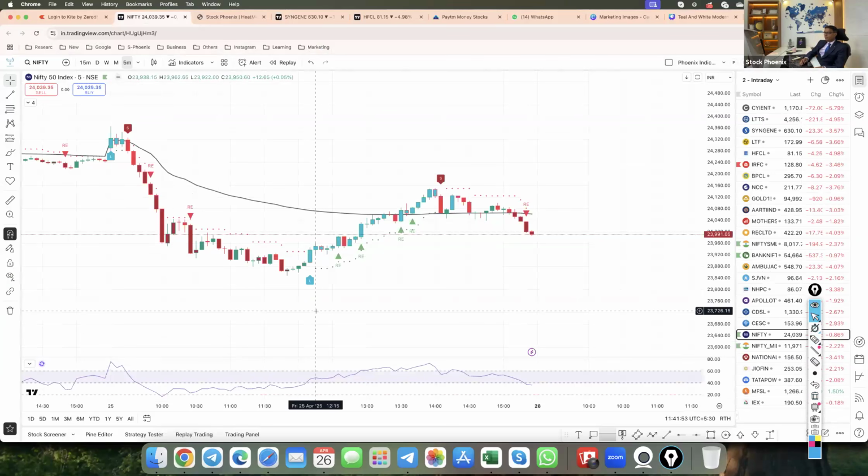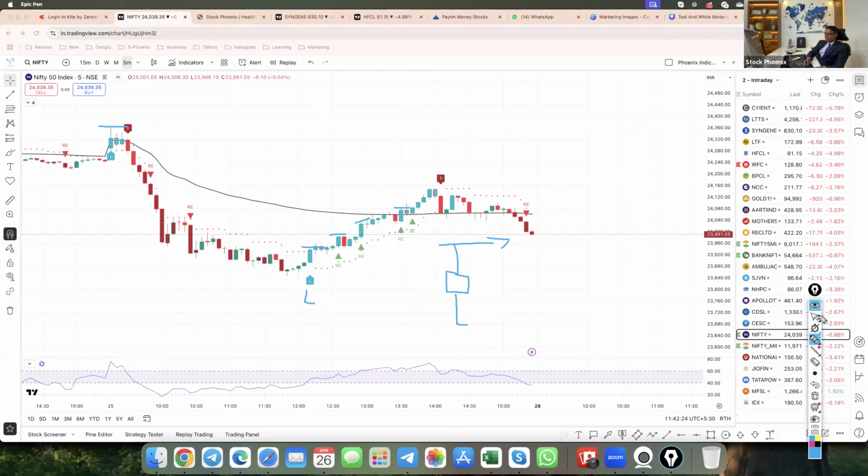Am I clear? Perfect. So now, when the signal candle is on the long side, mark the high of the candle. When the signal candle appears, mark the high of the candle and draw a line.